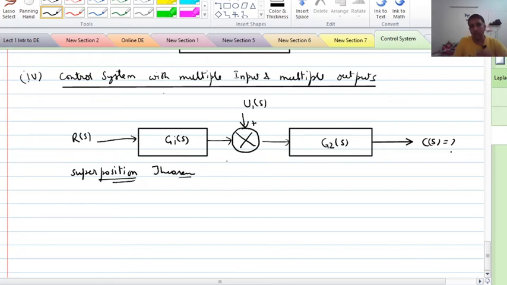Now in case of superposition, we use only one input at a time and suppress the other input at that instant.